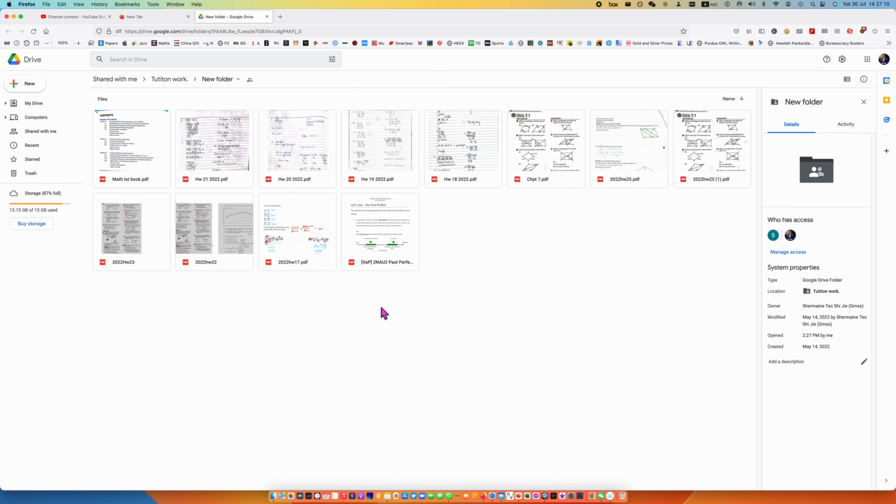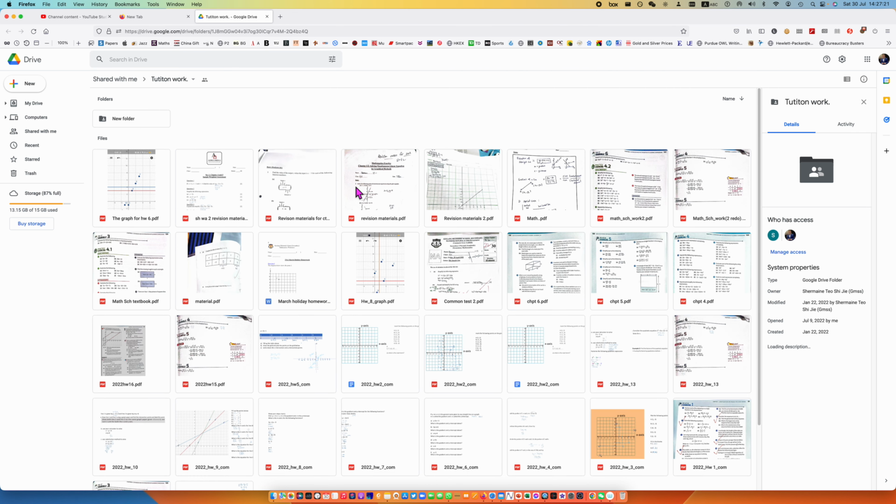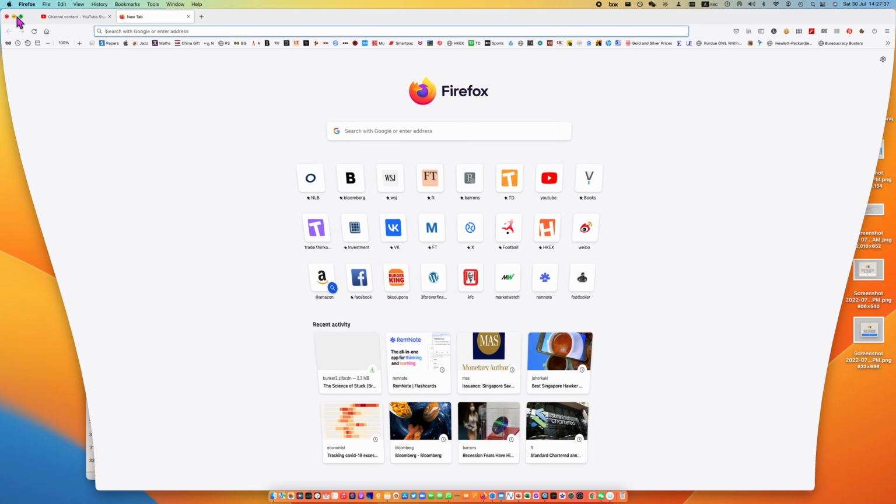Which one did you just upload? Revision material. It's the new folder. You better put everything into the new folder, otherwise I have a lot of things.